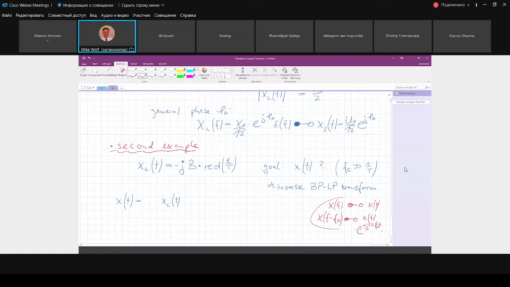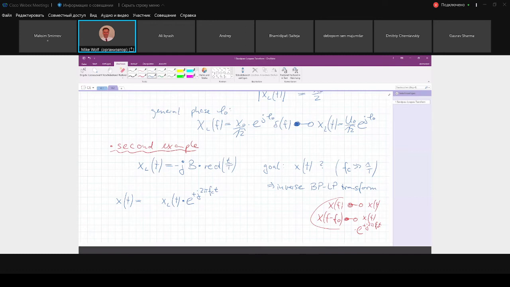So I need to multiply by the complex wave with the frequency f naught. This is the shifting theorem. So if I want to shift this low-pass signal in the frequency domain to the right-hand side, I need to multiply with e to the power of plus j 2 pi f c t. Of course, I need to know the original frequency used for this shifting.